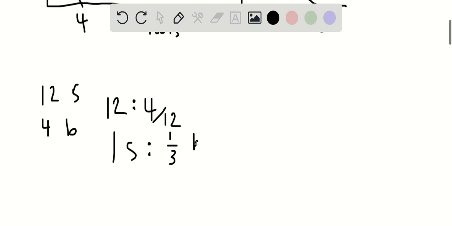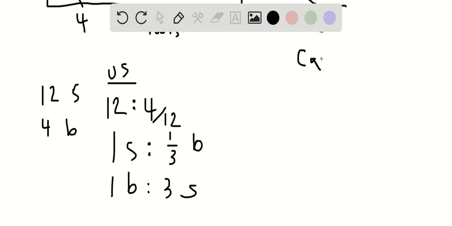If we do the same thing over here, dividing 12 by 4, we get that the opportunity cost of 1 boot is 3 shirts. That's for the US. Now let's take a look at Canada. Canada is pretty easy, since they can make 6 of each if they don't produce the other. So we have 6 shirts and 6 boots.